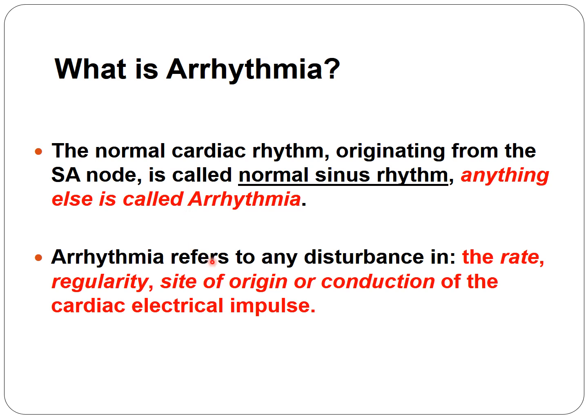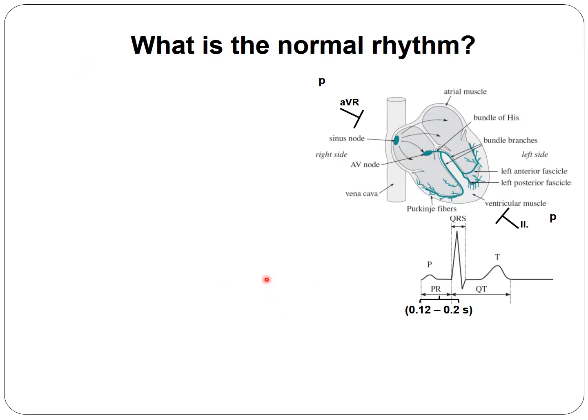Arrhythmia can be referred to a disturbance in the rate, the regularity, or the site of the origin or the conduction of the cardiac electrical impulse. What is the normal sinus rhythm? First of all, we have to have a sinus P wave, a sinus originated P wave.